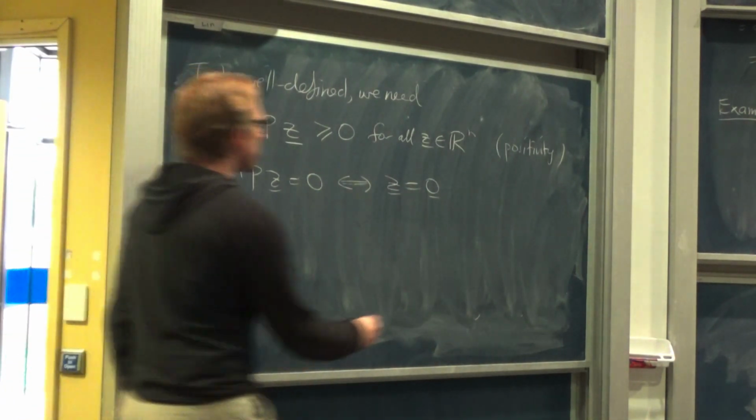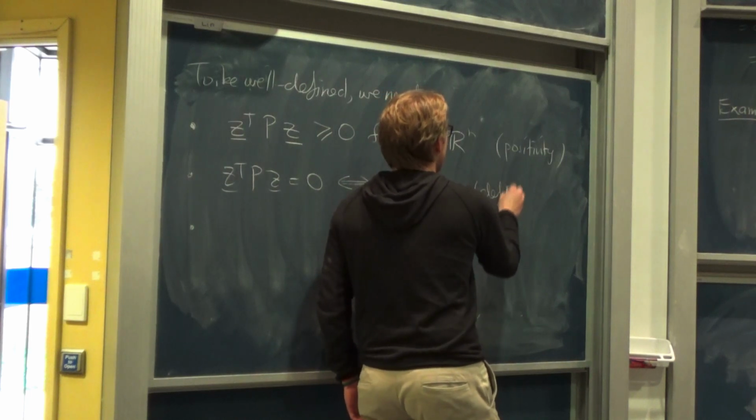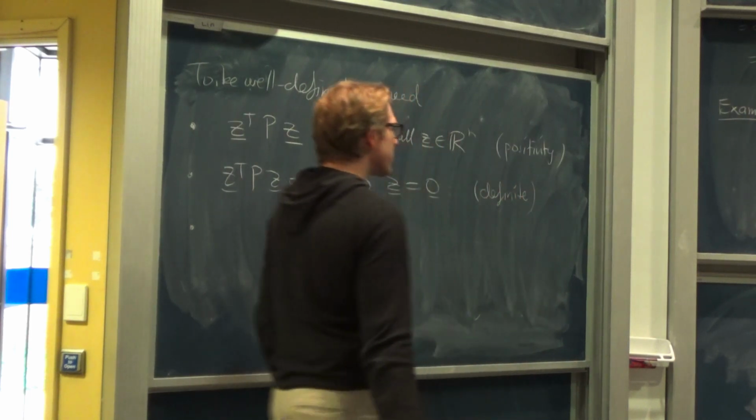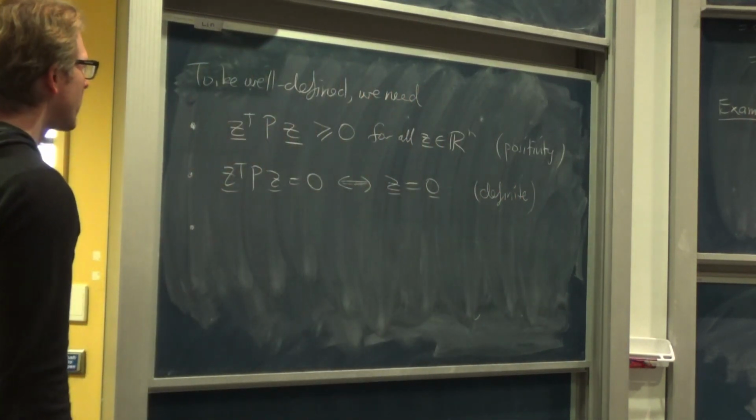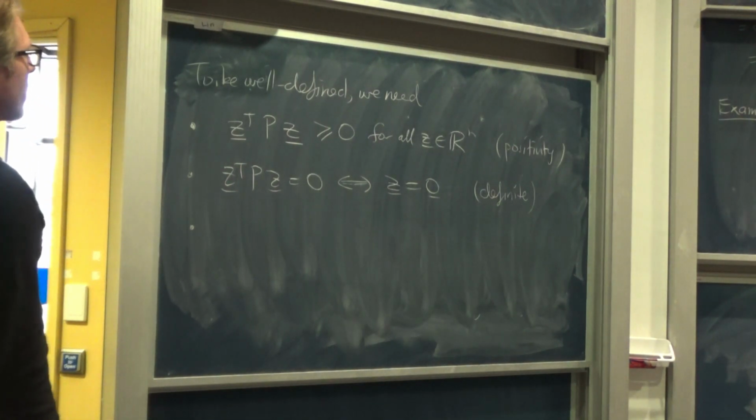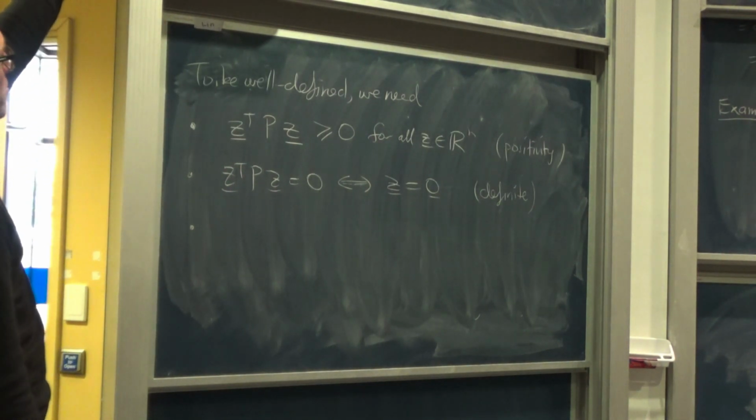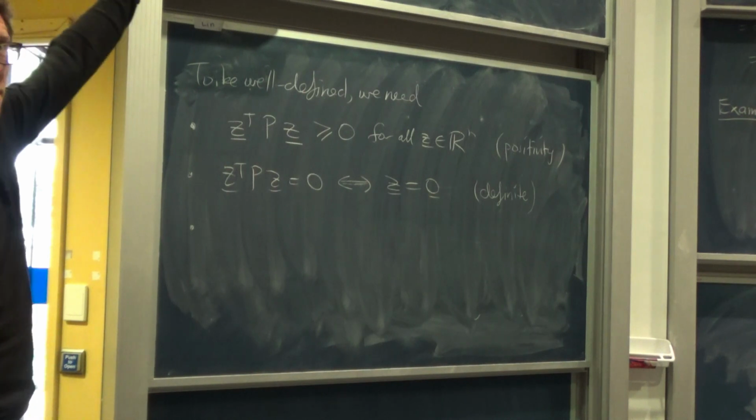Okay, so this is called definite. If a matrix satisfies this, you say it's definite. Right, so if we had those two properties, M1 and M2 would be satisfied.